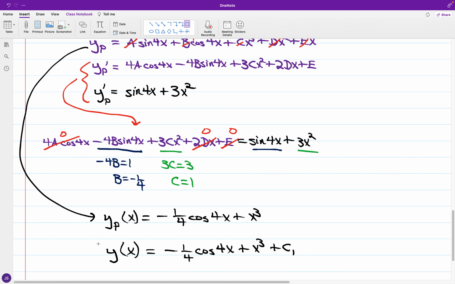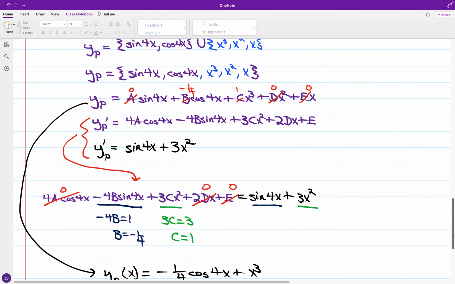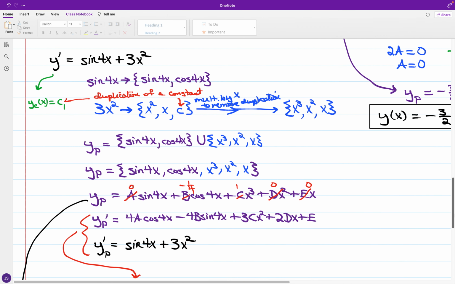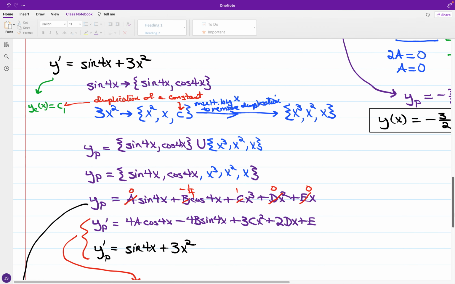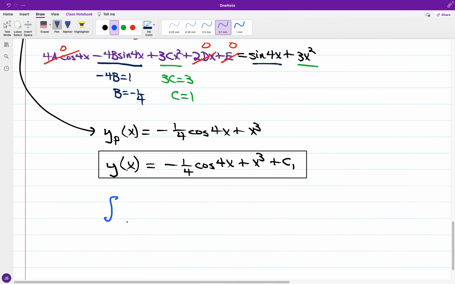Just backtracking, if you notice with our original equation, we had y prime equal to the sine of 4x plus 3x squared, and guess what? The integral of this expression brings us to what we have for y of x.